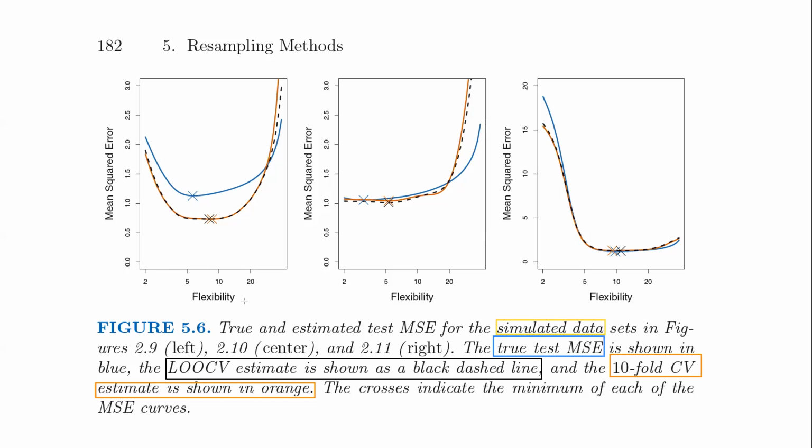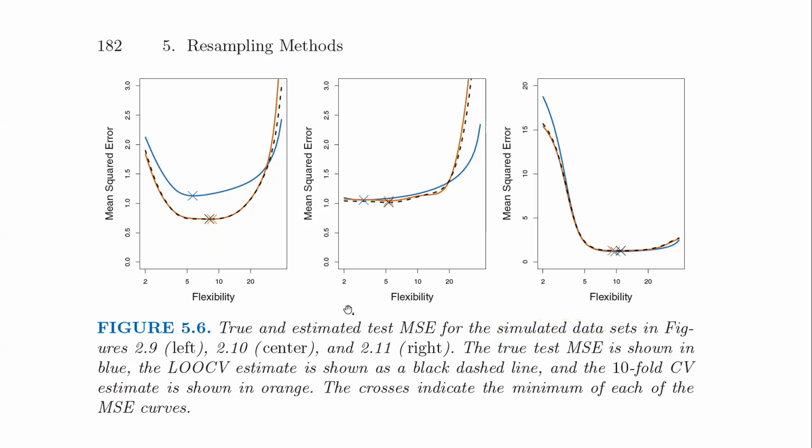What you'll see is that in actual fact, it's degree 6 that minimizes the true mean squared error. Instead, using leave one out or k-fold, we'll conclude that we should use this degree. Okay, so hopefully this makes sense to us.